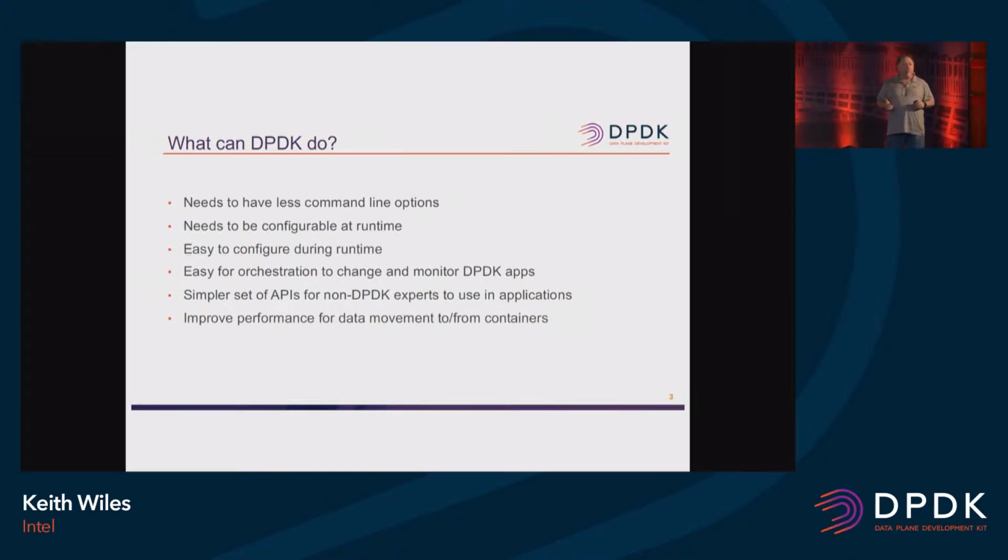So we need to be able to configure it easily while it's running, and also monitor it and get stats from it, without having to write some special interface for it. And I'll go into that as well. And the other part is the orchestration layer. We don't want to create something super special that the orchestration layer has to create a plugin for, and figure out your protocol, talk to your application or DPDK, and get the information.